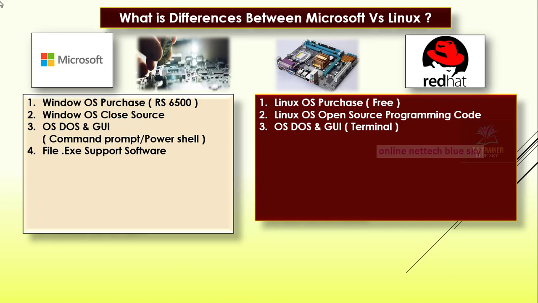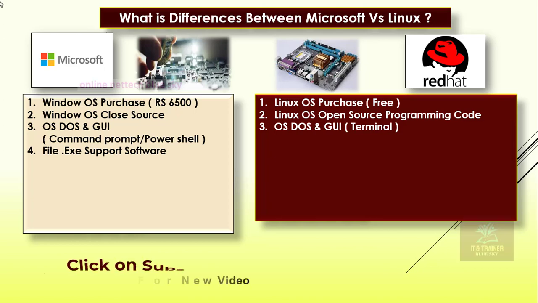Any software you download from the internet and install on the Microsoft OS supports only .exe files, not any other. So .exe is one type of extension, a specific file to install your software. You right click and install, or double click and install your software in your Microsoft operating system.